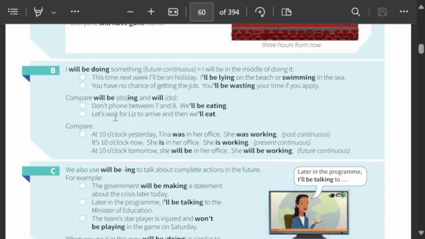Present simple. Right now, let's wait for Liz to arrive. And then in the future, after she arrives, we will eat. We'll eat. So now we wait, then in the future she will arrive, and then we'll eat. You understand the order of events?